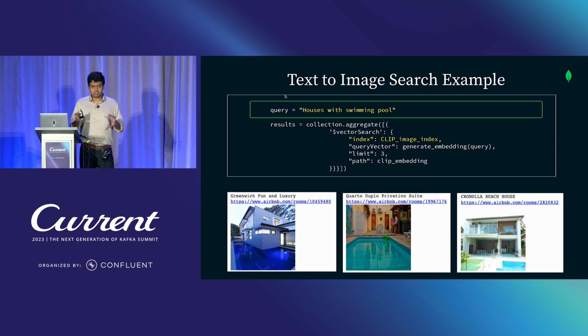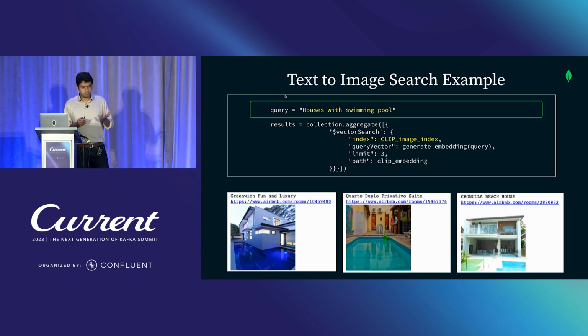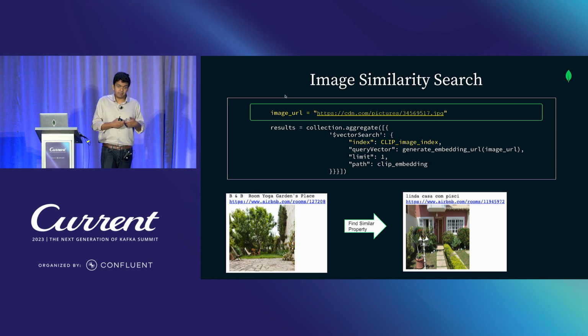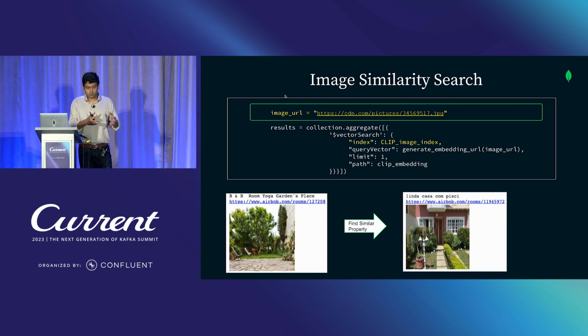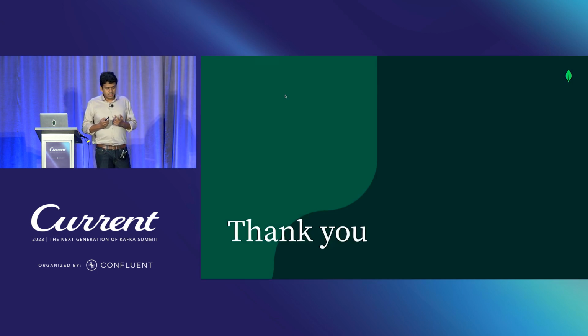This was on a fairly large data set and took less than an hour to put together, for instance. So something similar on the lines of image similarity search. You can just give it an image URL, and you would find other images within your data set, within your enterprise data, which are similar. So that's where some of those similar image recommendations work.